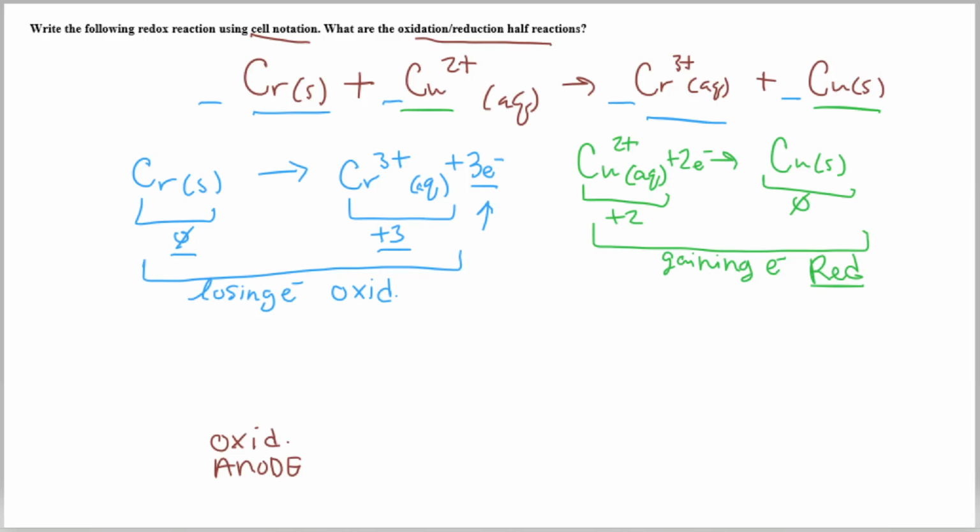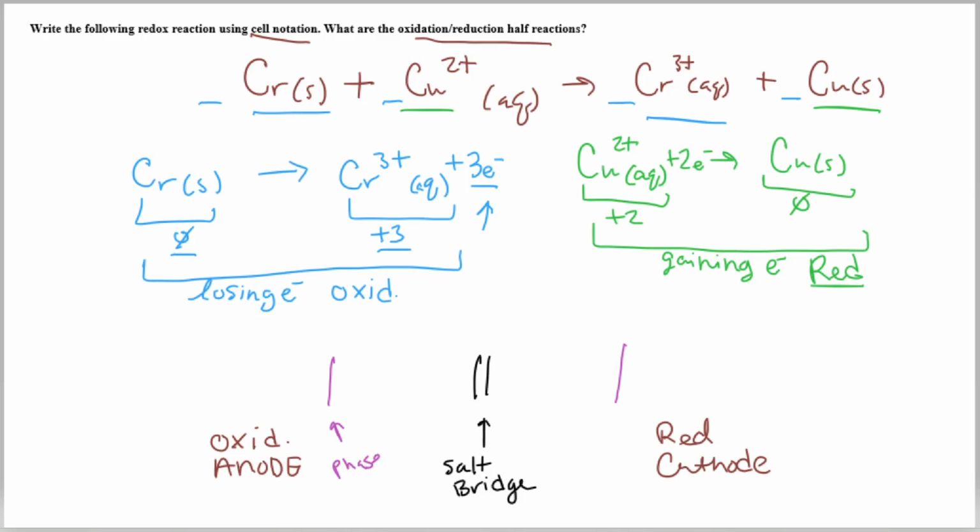And then on the right-hand side will be the reduction side, or the cathode. What you have in between, you're going to have two lines here, which form the salt bridge. And then you have single lines indicating phase change.